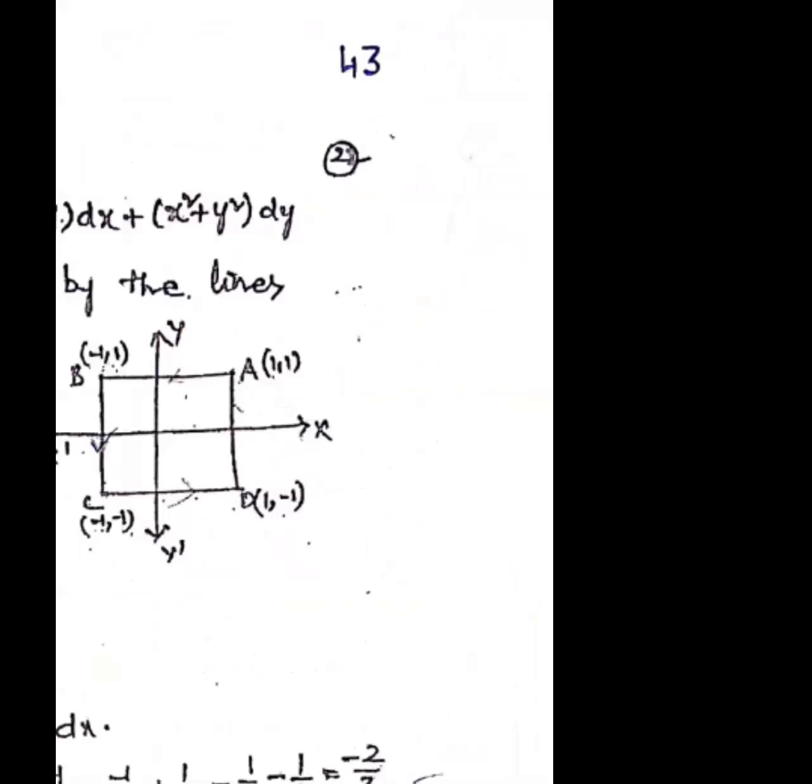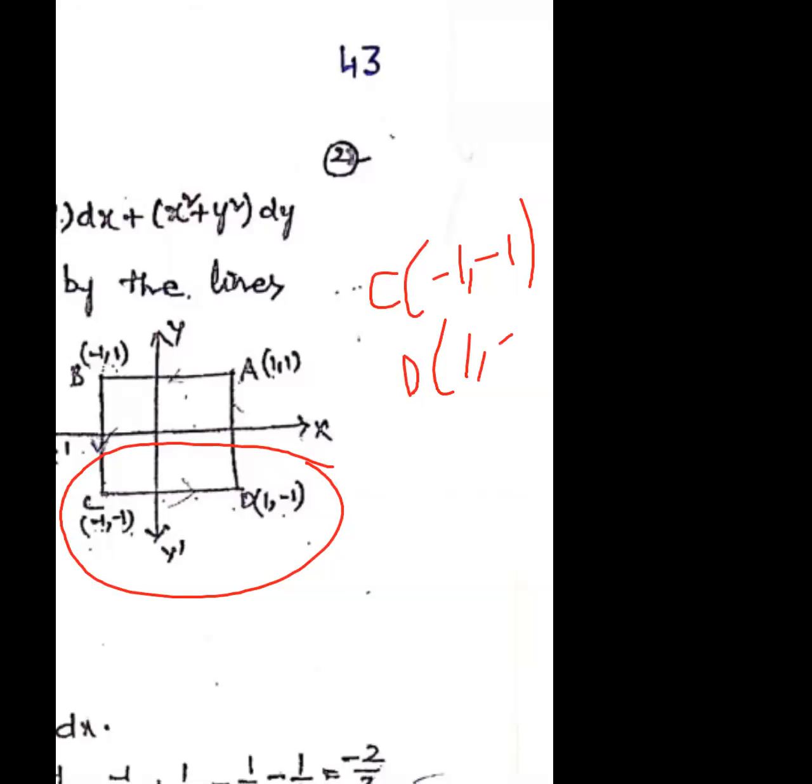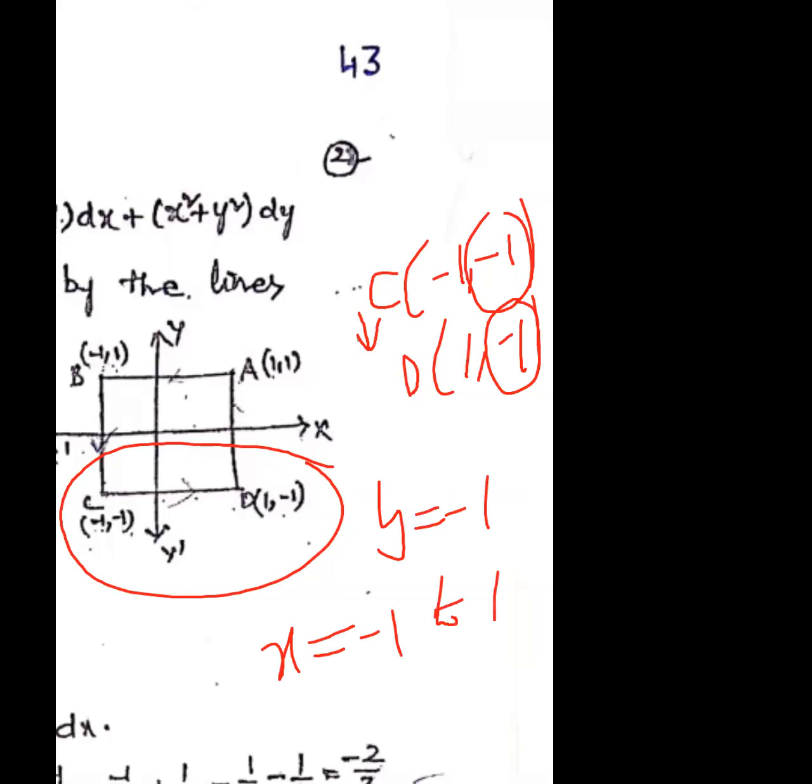For the line integral CD, the point C is minus 1 comma minus 1 and the point D is 1 comma minus 1. Here y equal to minus 1 is fixed and the x value varies in the direction C to D. So x from minus 1 to 1 is the limits of x.